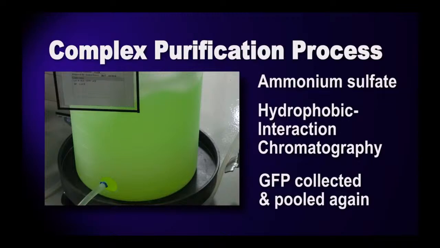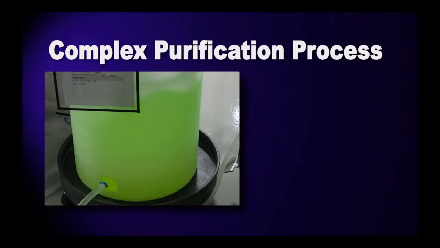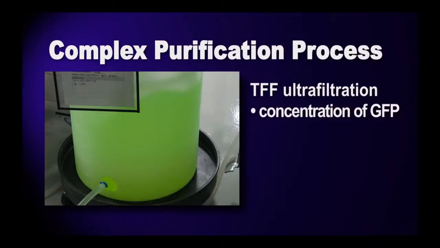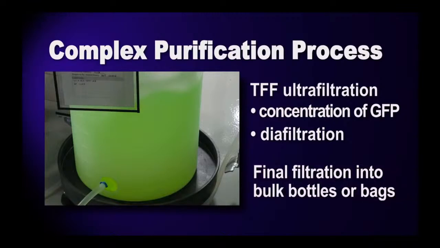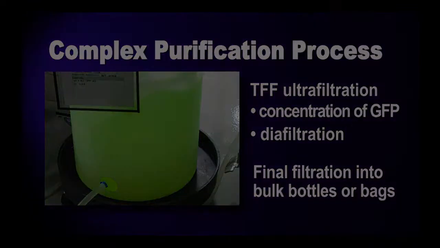The GFP is then collected and pooled again. The solution then goes through a TFF ultrafiltration step, which includes concentration of the GFP followed by diafiltration to exchange buffer solutions and remove salt. And the process finishes up with final filtration into bulk bottles or bags.